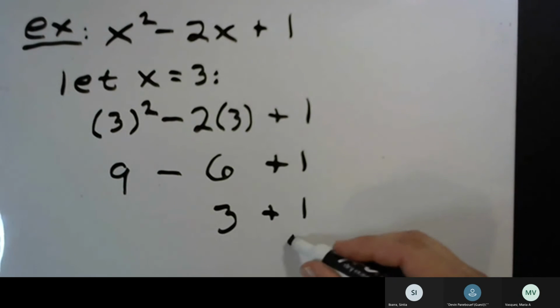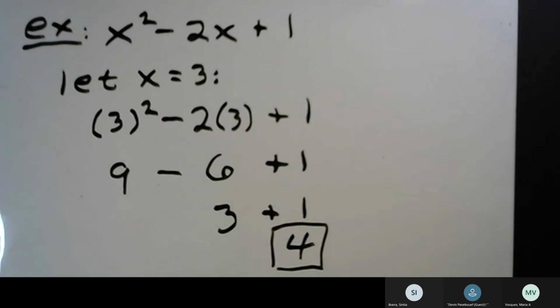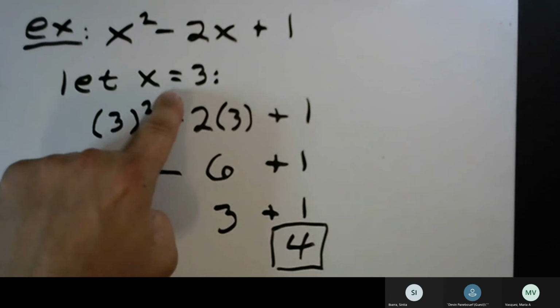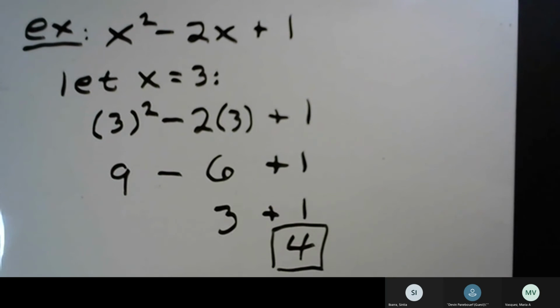And 6 plus 1 is 4. Questions about that? So the polynomial's value is 4 when x is 3.